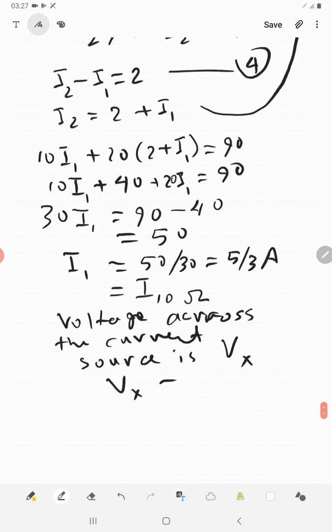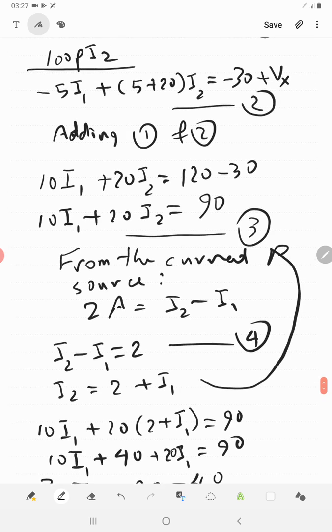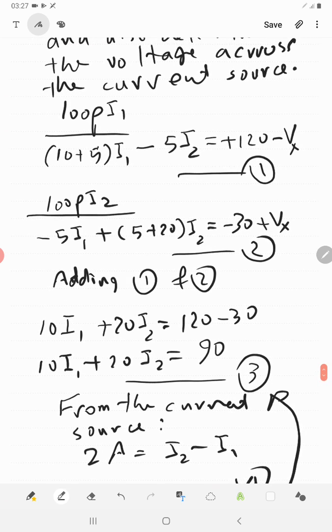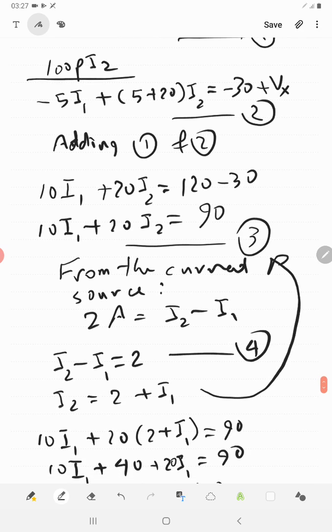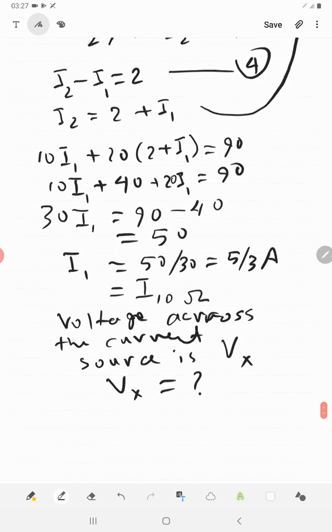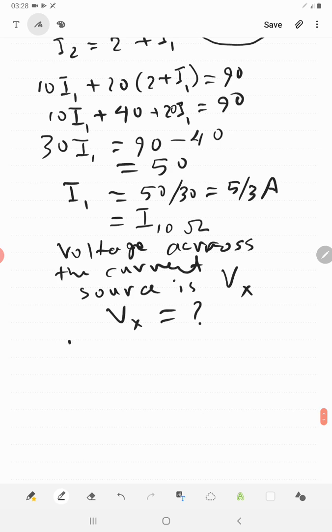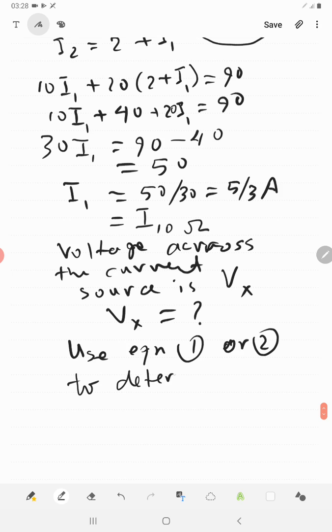So Vx equal what? So we can go back to equation 1 or 2. Use equation 1 or 2 to determine Vx.